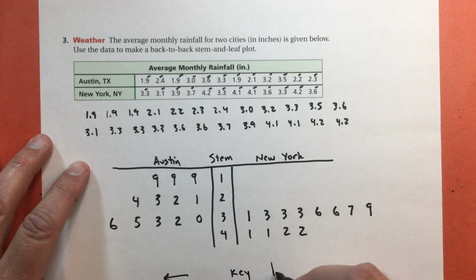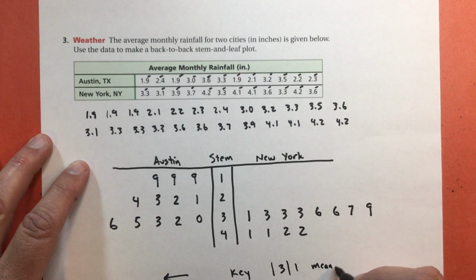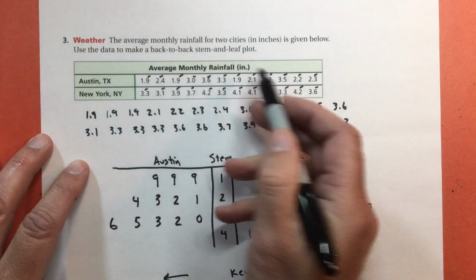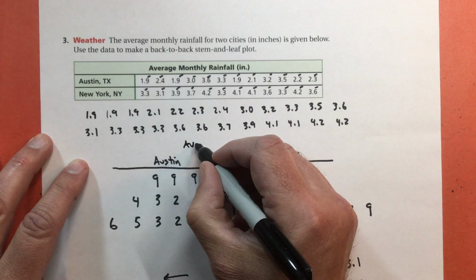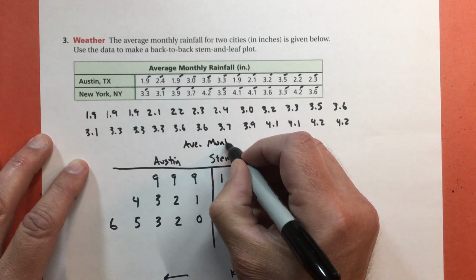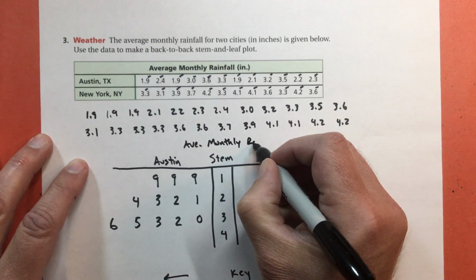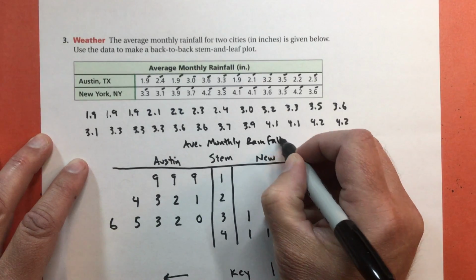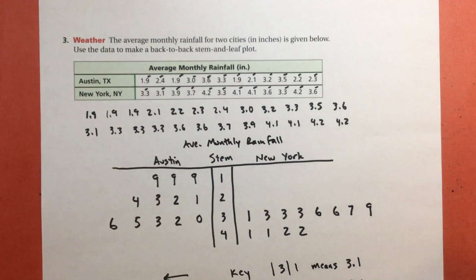So my key is going to be this. 3|1 means 3.1, and we'll do it this way, 2|1 means 2.1. And of course, same title, average monthly rainfall. All right, we'll see you in the next video.